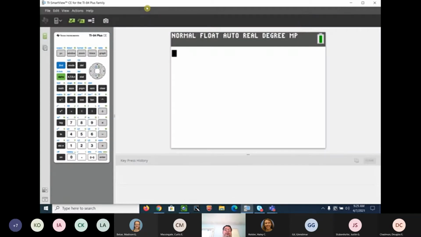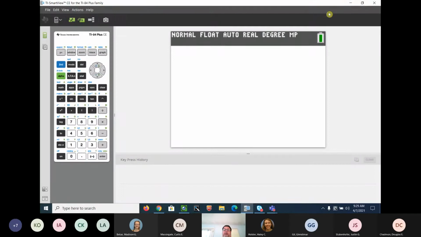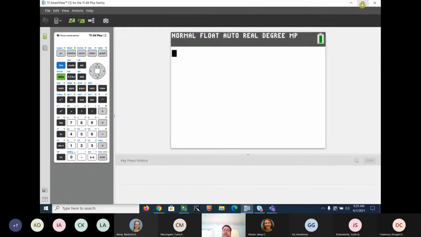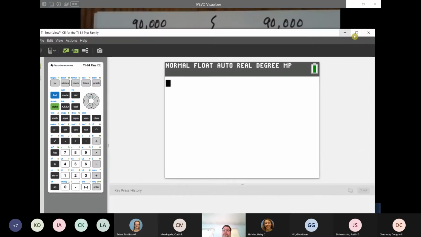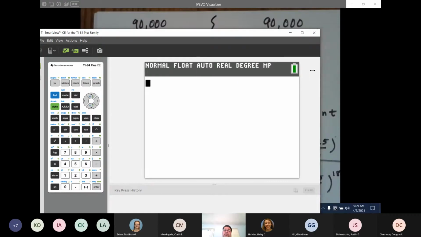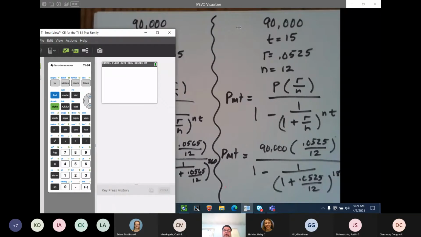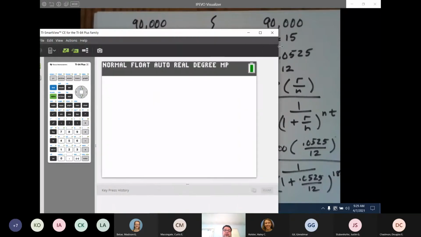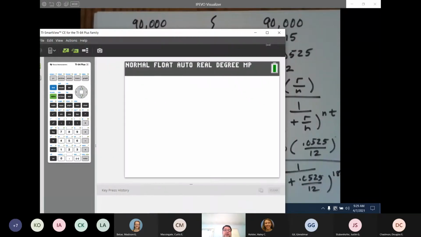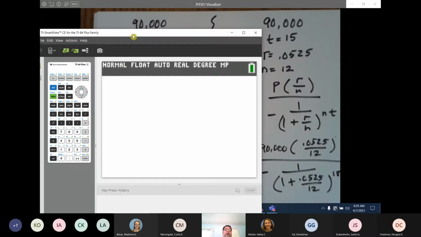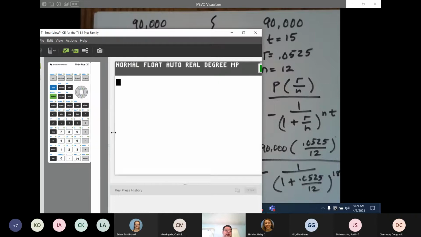If you don't know how to use your calculator, that's not a bad thing. I would much rather have a class full of people that don't know how to use their calculator versus people that flip it around like a basketball on their finger. Those are the ones that don't have any critical thinking skills. All right, so I don't know how I did that. There we go.